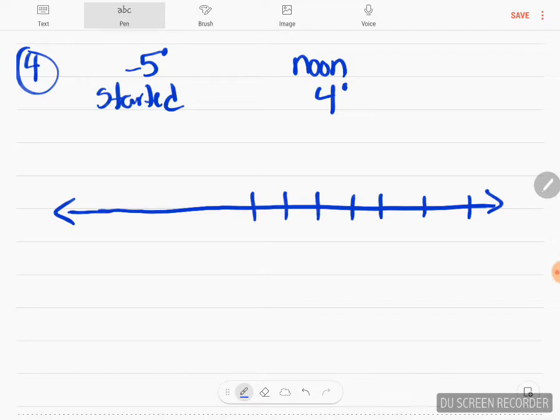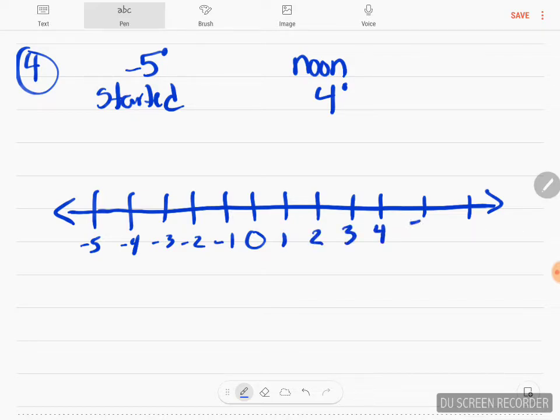You're kind of spoiled. So the easiest way to do this is to do a number line. All right. So I'm just going to say 0, -1, -2, -3, -4, -5, 1, 2, 3, 4, 5, 6. All right, let's change the colors. We started at -5, so I'm going to put a dot here, and I'm going to bring the line up, because that's where we started.